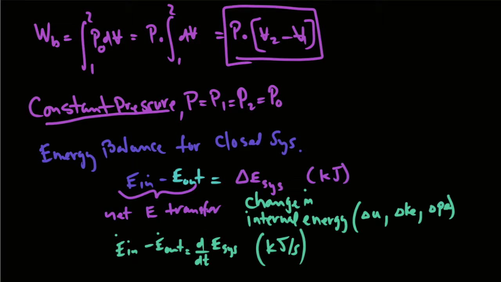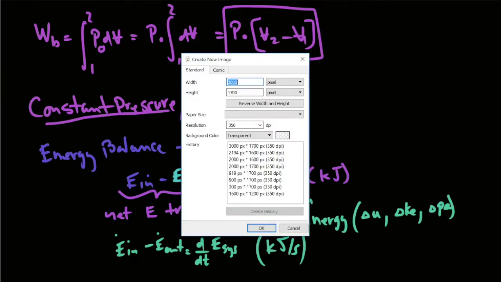Now, if we were going to use a conventional form to write our energy balance of a closed system, we would say that Q represents our net heat, so it would be Q in minus Q out.